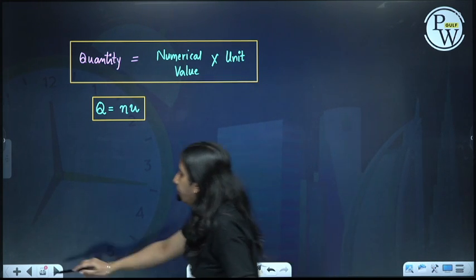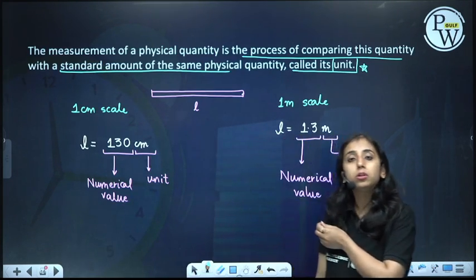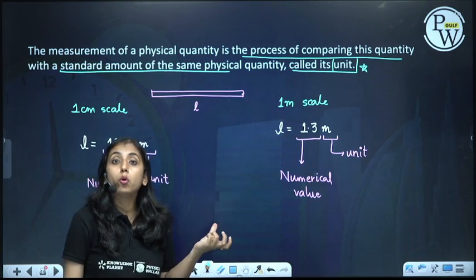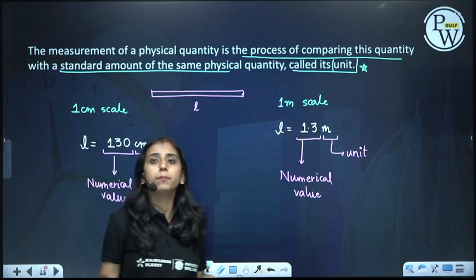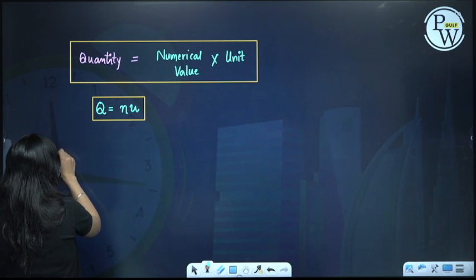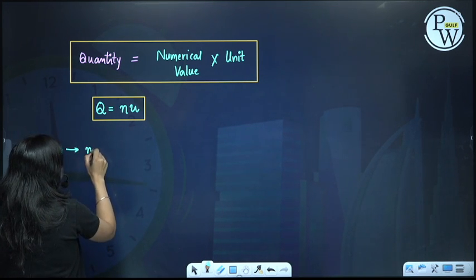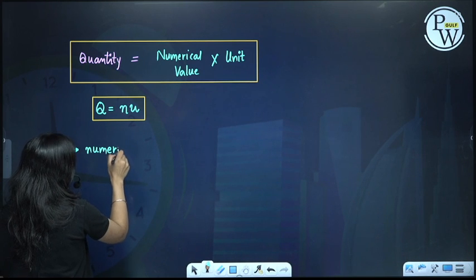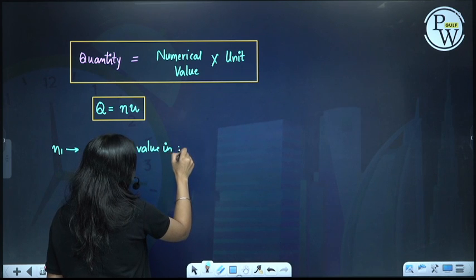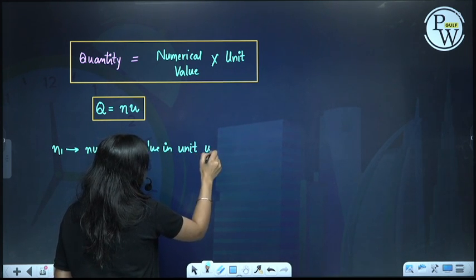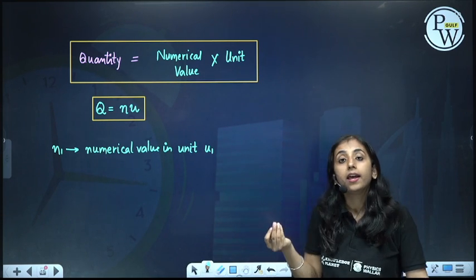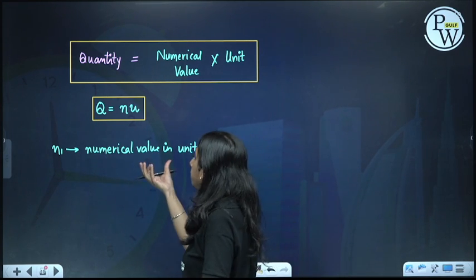Now in the previous example, L is equal to 130 centimeters and L is equal to 1.3 meters. Both are the length of the same rod, so they must be equal. Suppose we are measuring some quantity Q using unit U1 and the numerical value came out to be N1.